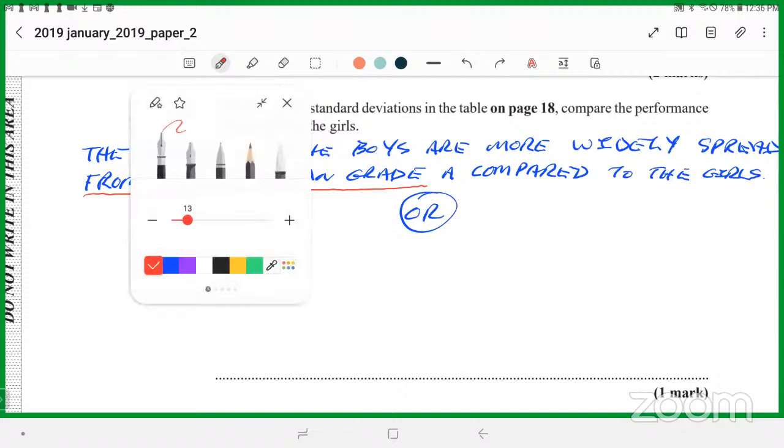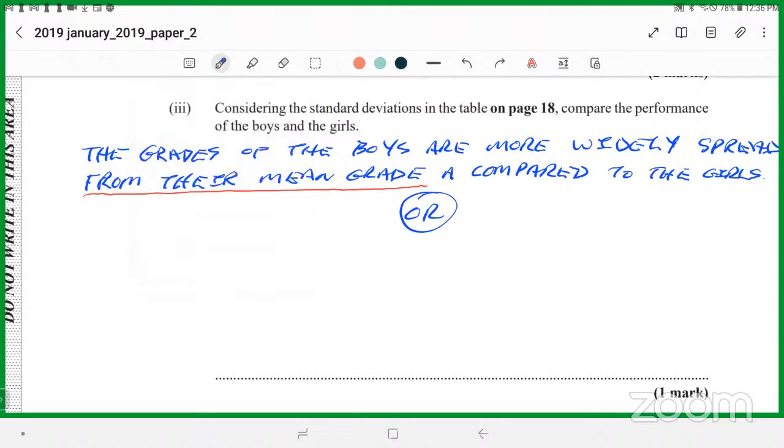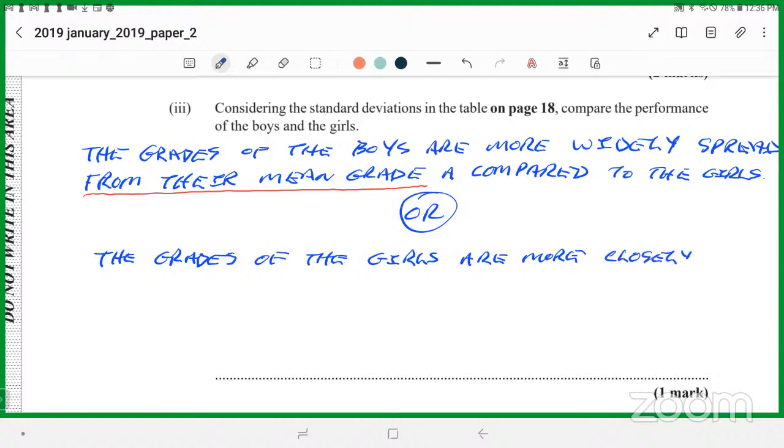All right? So let's write it the other way. We can say the grades of the girls are more closely spread, closer together, because they have a lower standard deviation. More closely spread.